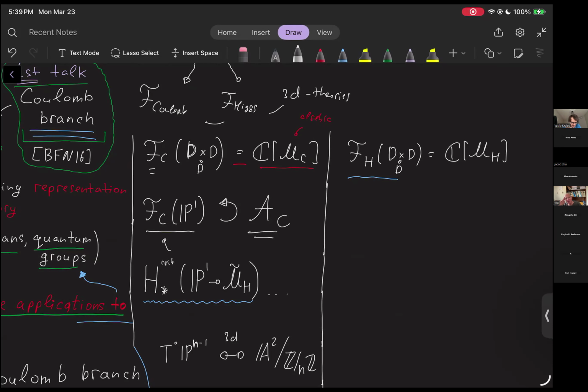I'm only aware of Artem Prihodko, Nikolai, and Ivan. So yes, some people are working on this. Hopefully these elliptic Coulomb branches will appear soon.